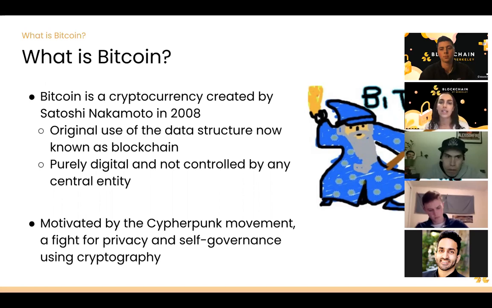And this is so important nowadays. We don't even realize when our data is being used against us. Sometimes we get lucky and we find out, like with Facebook, but we have no idea what Google's doing, what Amazon's doing, what all these companies are doing. So it's super important, especially now, for us to understand that we have the right to our own data and self-governance. And this is all done through cryptography.